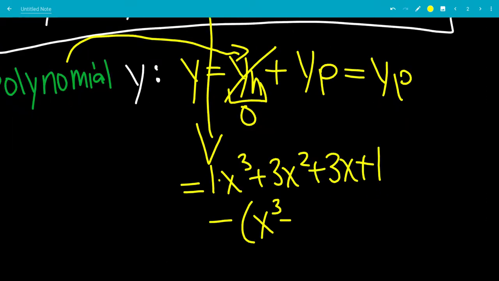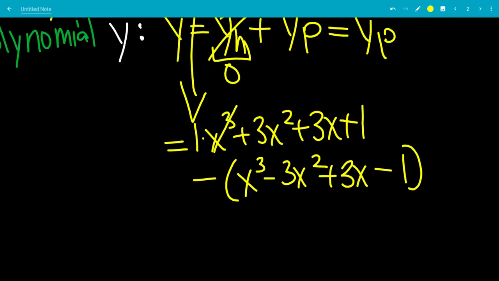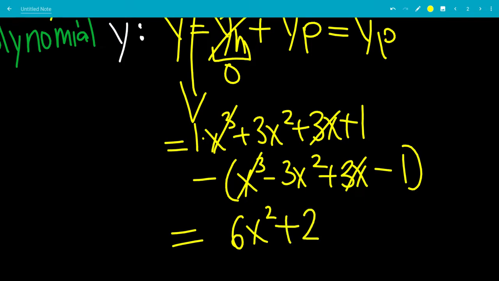So x cubed minus 3x squared plus 3x, and the last term has a negative sign. The x cubed and x cubed will cancel, and 3x and 3x will cancel. You'll be left with 3 minus negative 3 times x squared, which is 6x squared. Likewise, 1 minus negative 1 is plus 2.